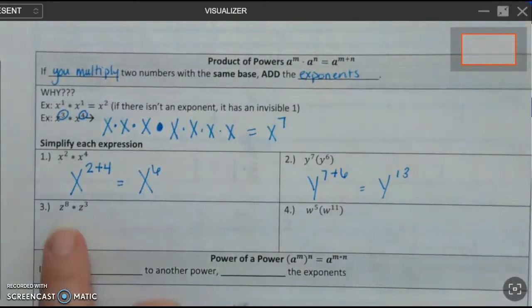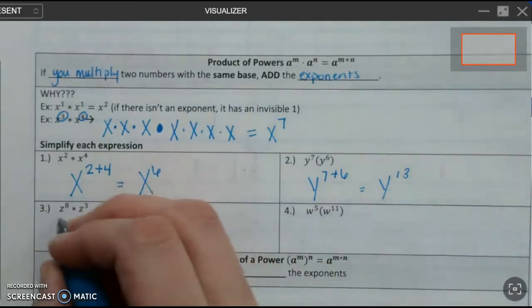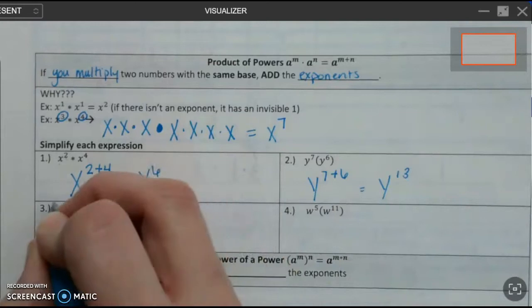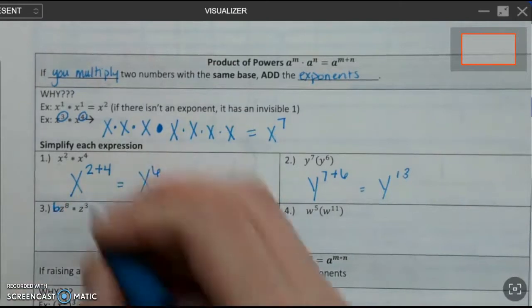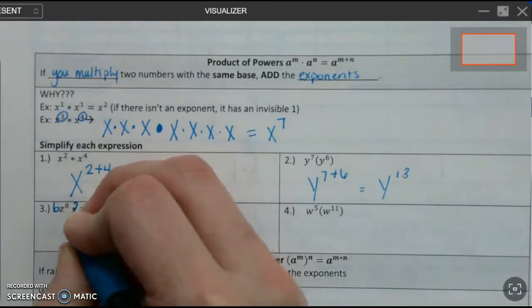Okay, let's make these a little bit more complicated. We've already talked about what to do with the exponents when we're multiplying. Let's talk about what to do with actual coefficients. So let's throw some coefficients in front of these z's. So let's put a 6 here, and let's put a 2 here.